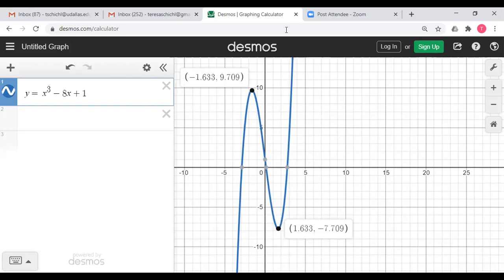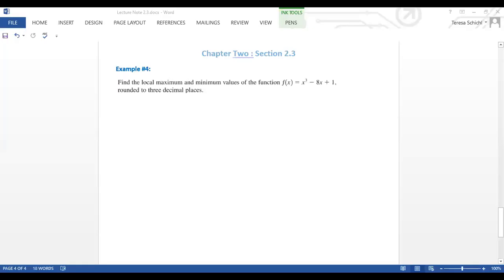Okay, now let's go back to our worksheets and finish them. This is our lecture notes. We already did the sketch of what the graph looks like. From Desmos, you will have something like this. We just checked from Desmos: what is this point?